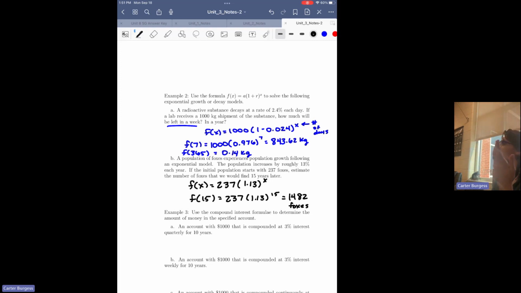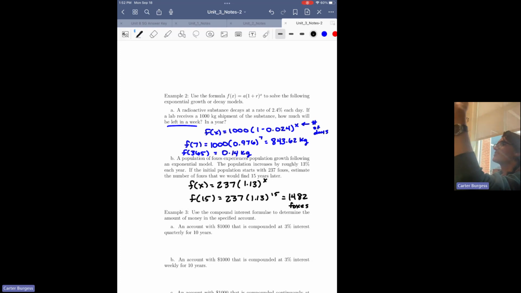But the other thing to note is that even as a way to describe this fox population increasing at 13%, what we just described is almost as if as soon as New Year's hits, the fox population gets that 13% added on. That's not very realistic.